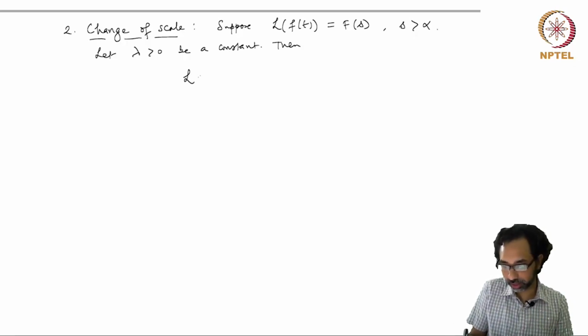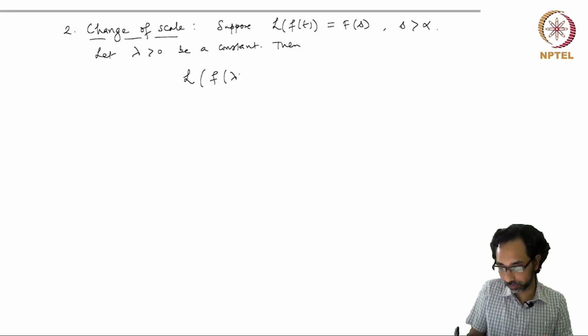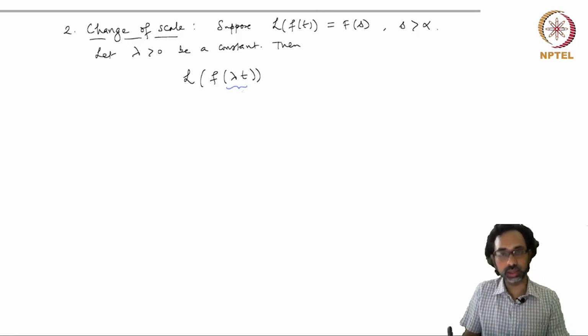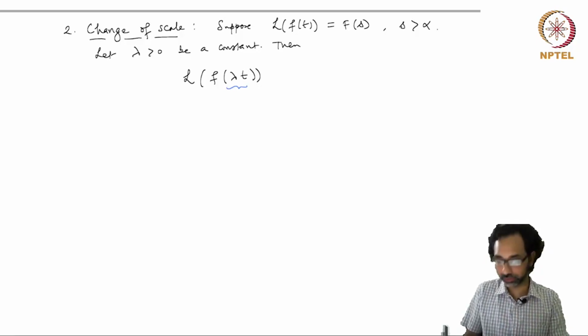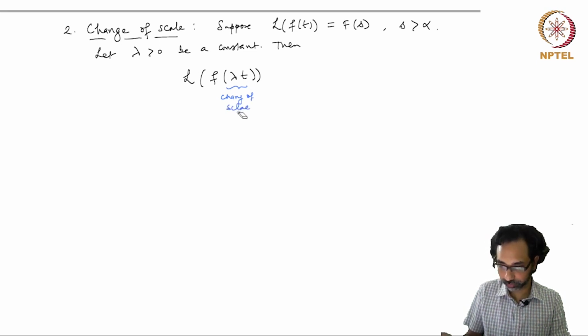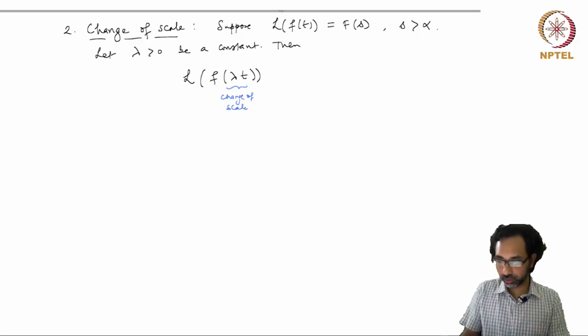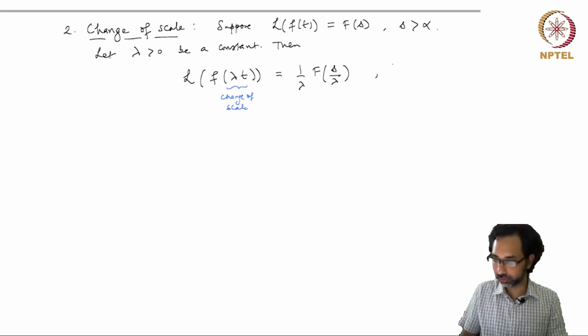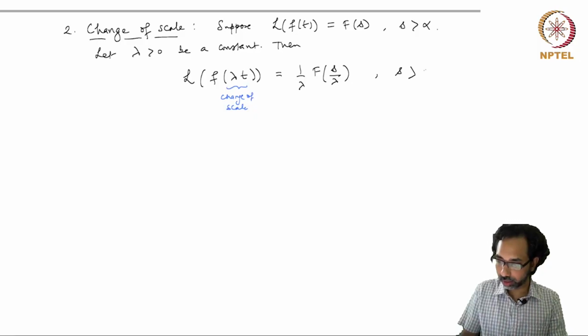Then the Laplace transform of the function f of lambda t, so this is changing the scale of the domain of f by a factor of lambda, which is why it's called change of scale, is given by 1 over lambda times F of s over lambda, and the region of convergence for this function is given by s greater than alpha lambda.